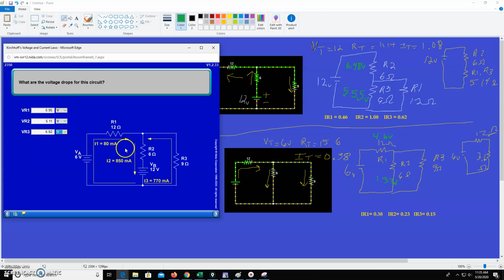I'll see if we've got time real quick to do those. But if we look at the current through R1, for instance, it's saying 80 milliamps. So let's look at that. R1 here, the current on it was 0.38. IR1 here was 0.46.